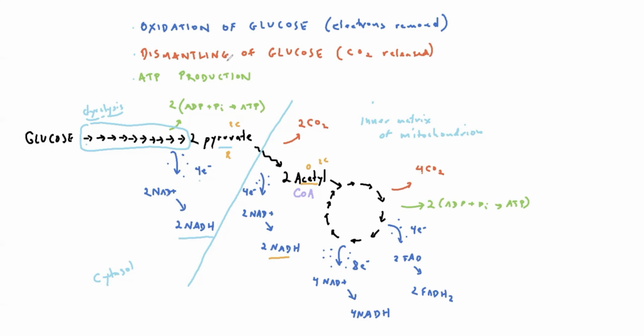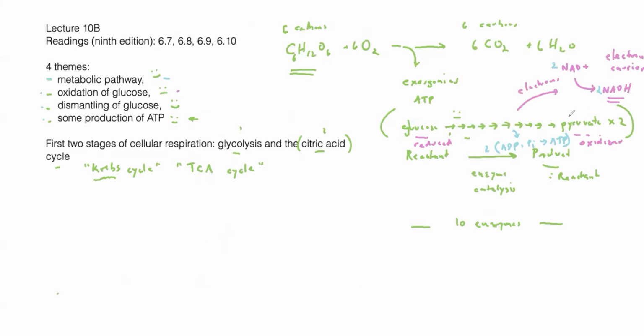And so, yeah, we can actually see the dismantling of the glucose right there, right? We're taking glucose apart and releasing CO2. So here are 2 of the molecules of CO2. Ultimately, we're going to account for 6 molecules of CO2 being released, because that's what we have here, right?